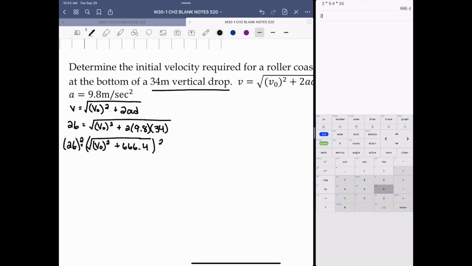and then we get 26 squared, which is 676, is equal to v0 squared plus 666.4. We're going to subtract 666.4 from both sides.